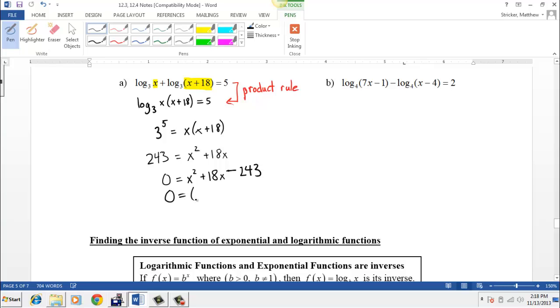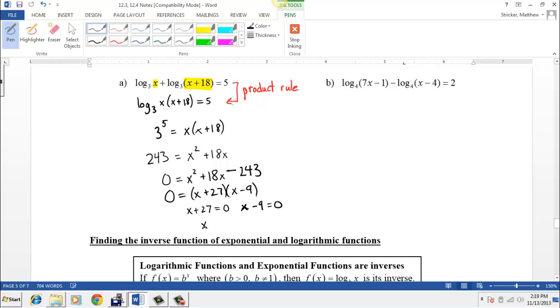This is factorable. We have x plus 27 times x minus 9, same way we've solved quadratics all along.